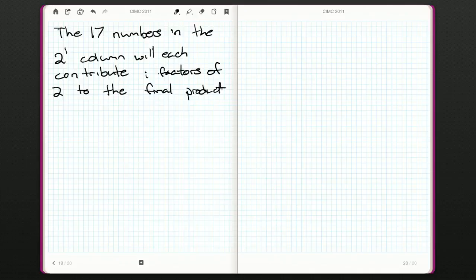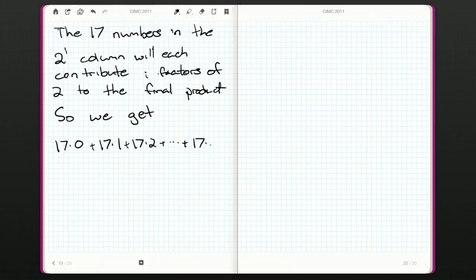So each one of them will be giving I factors of 2 to the final product. Columns go up to 16. So this is how many factors of 2 we'll have in the final product.